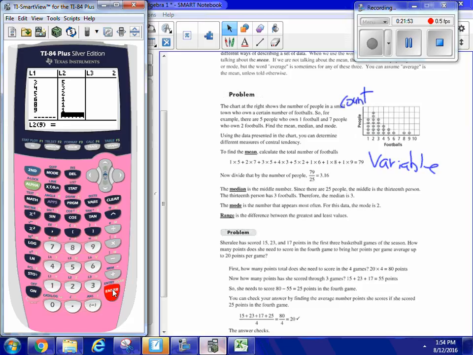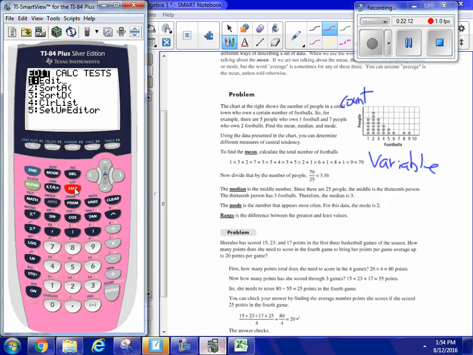And now I'm going to go stat, and you see at the top I have 3 menus here. I have an edit menu, I have a calc menu, and I have a test menu. I want to use the calc menu, so I'm just going to scroll over to the top.